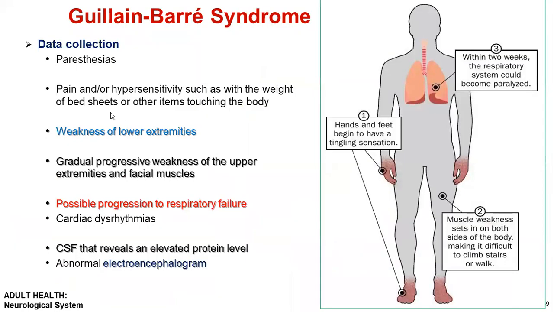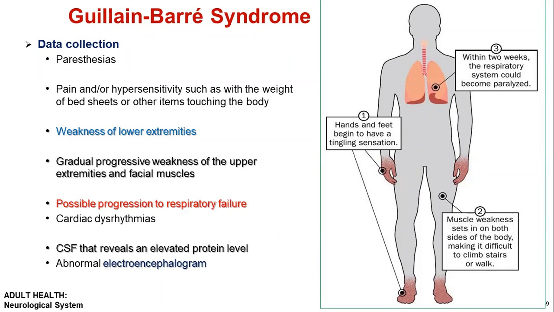What are the other signs and symptoms? Sometimes the patient presents with paresthesia, pain, or hypersensitivity, such as to the weight of the bed sheet or other items touching the body. There is weakness of the lower extremity, gradually progressive weakness of the upper extremity and facial muscles, with possible progression to respiratory failure, and the patient can die because of respiratory failure.